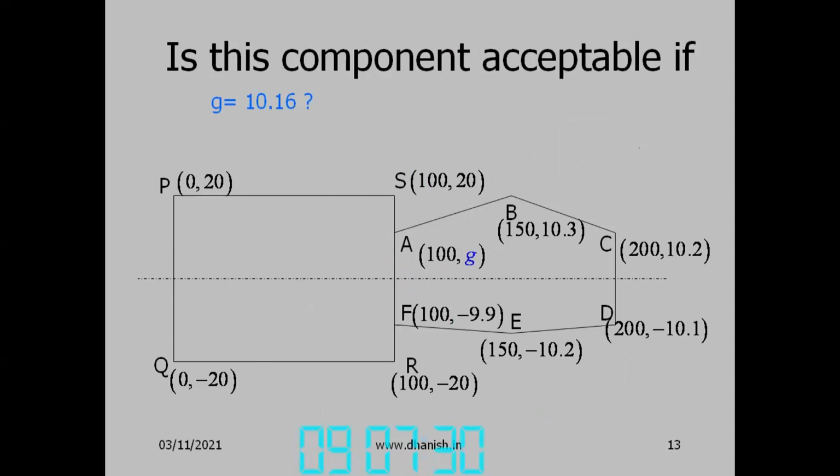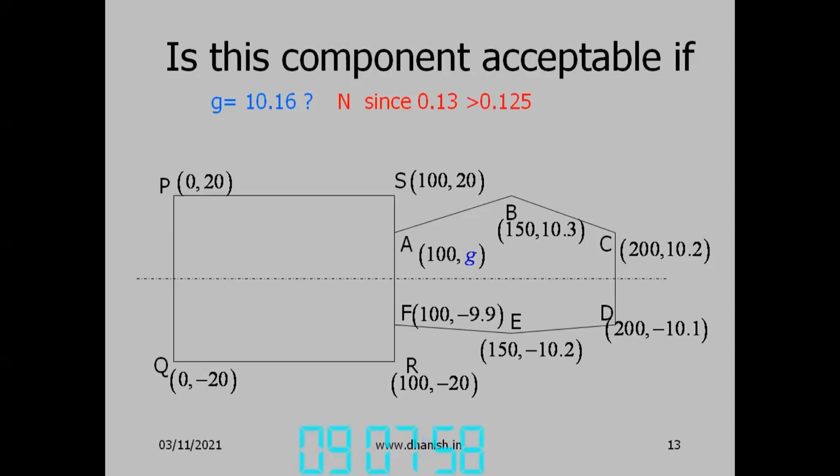So A is 10.16 up and F is 9.9 below. So the midpoint will be 0.16 plus 0.1, 0.26 by 2, 0.13 above the median of A and F. Okay, so it will be 0.13 above.